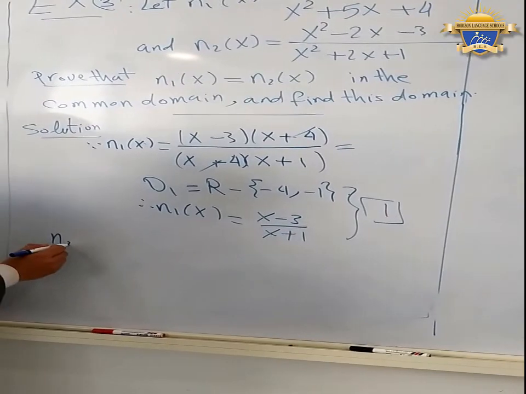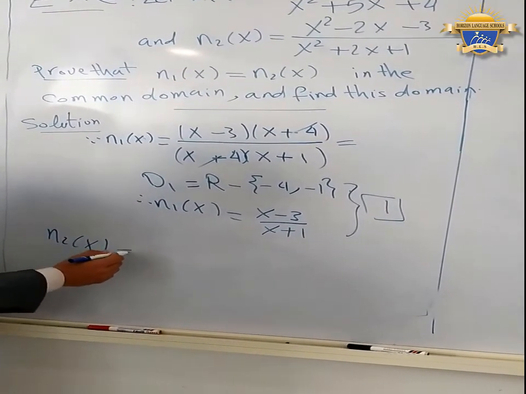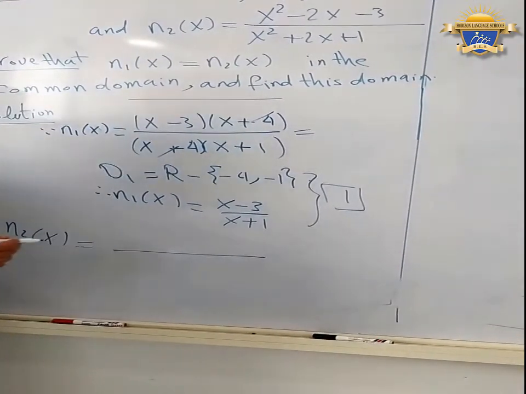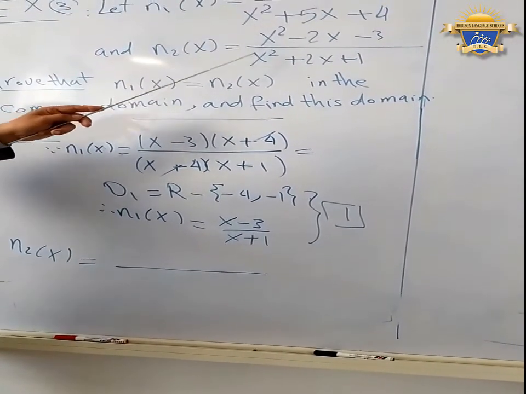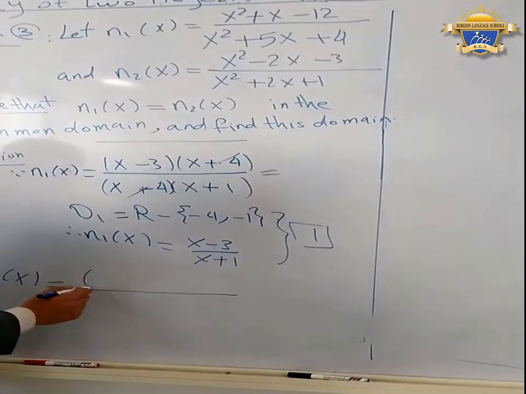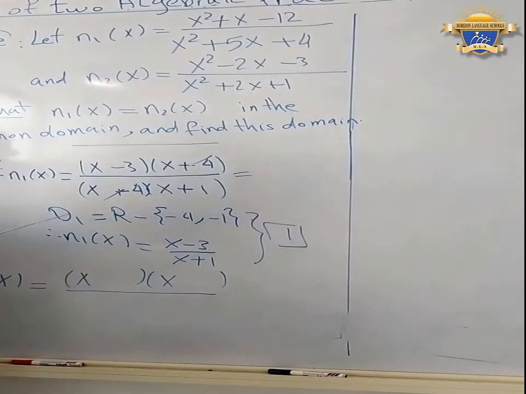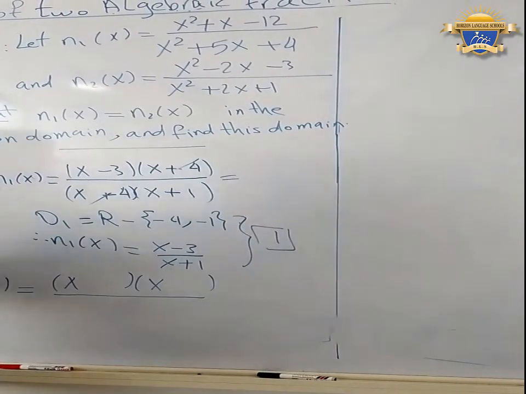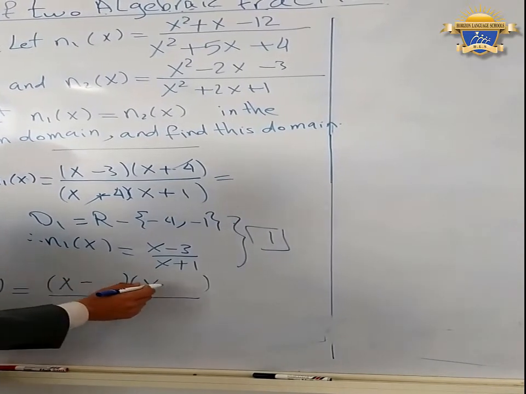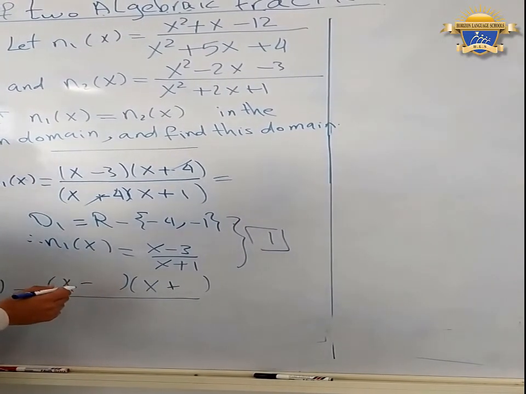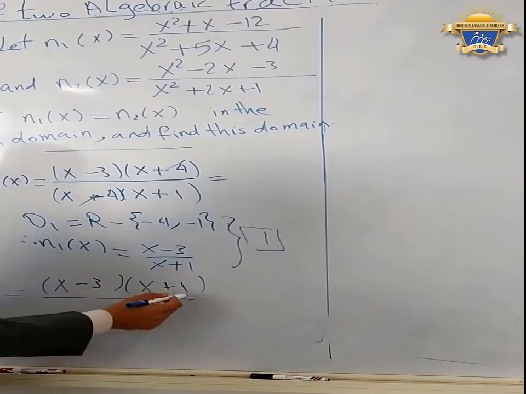N2 of x equals, we factorize both numerator and denominator. x times x, negative 3 equals negative 3 times positive 1.